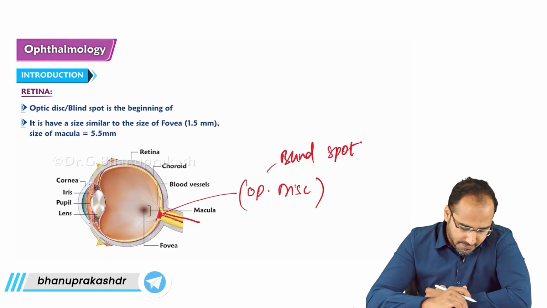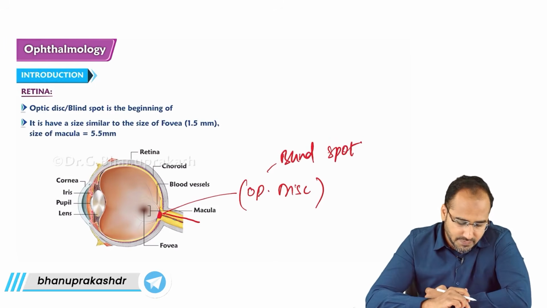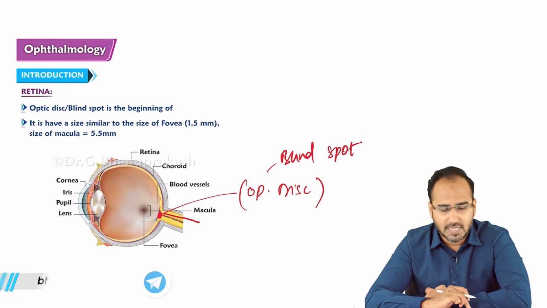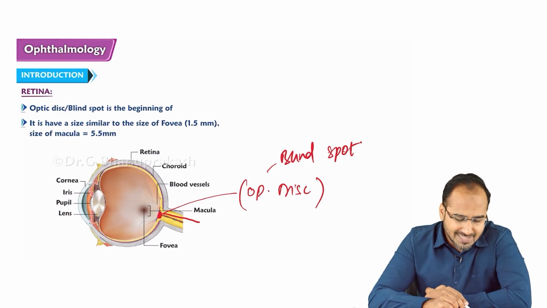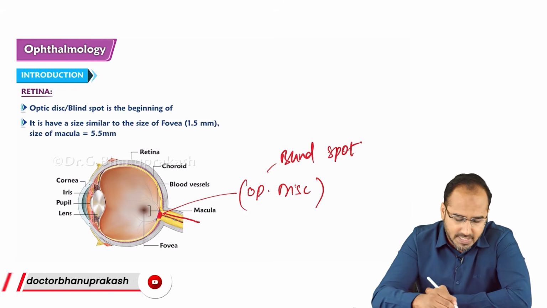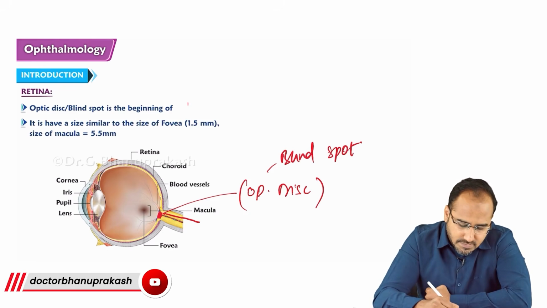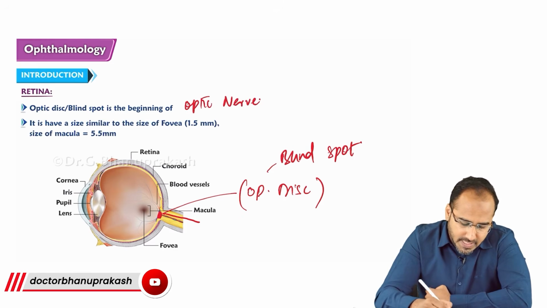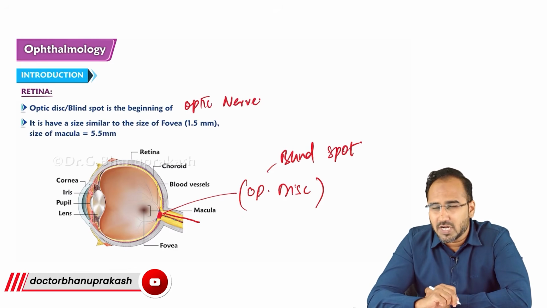Right? So the optic disc is the beginning part of the optic nerve. You can write that there.